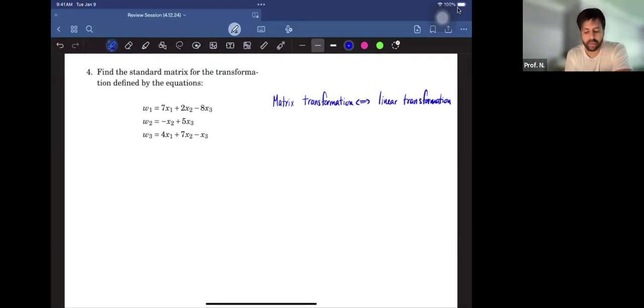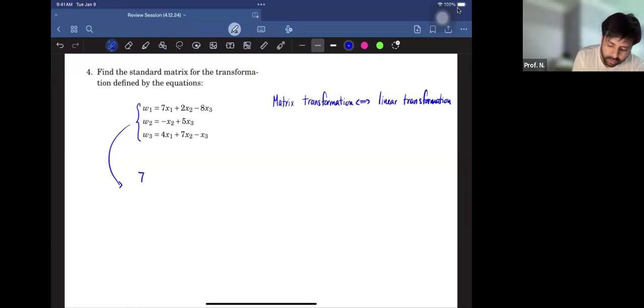If you have a linear transformation, then you automatically have a matrix transformation and vice versa. So all this question is really asking you to do is rewrite this and express it as a matrix system, or a matrix transformation. You can call it a matrix equation. And we've done this, it's also like week 2 or week 3. What do we have here? We have 3 unknowns, x1, x2, x3, and then we have the output w1, w2, w3.